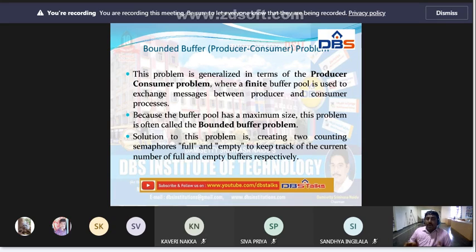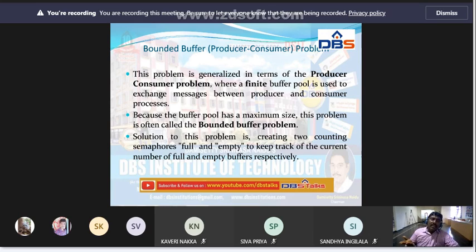On the left hand side we have the producer, and on the right hand side we have the consumer. In between these two we have the finite buffer pool, because in order to exchange data between producer and consumer, the buffer pool has a maximum limit.